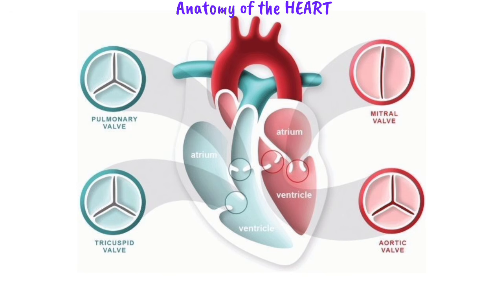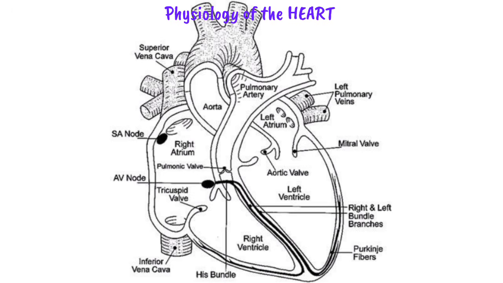And that question, of course, brings us to the physiology of the heart. The heart has its own electrical system. The rhythm is controlled by the sinoatrial node, or the SA node, which is often called the heart's natural pacemaker. It is located in the right atrium. The SA node sends out electrical impulses that cause the atria to contract.